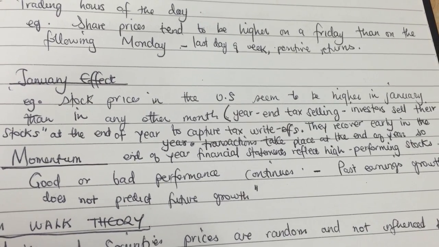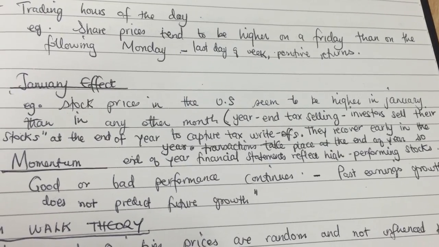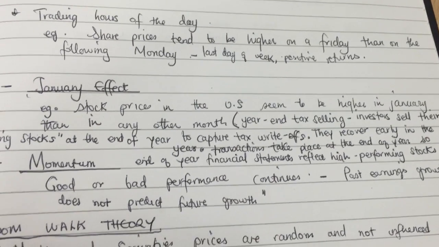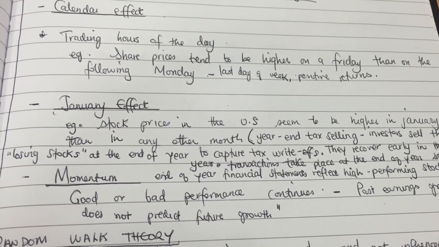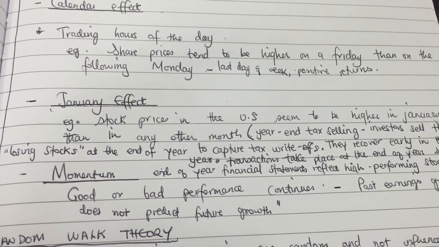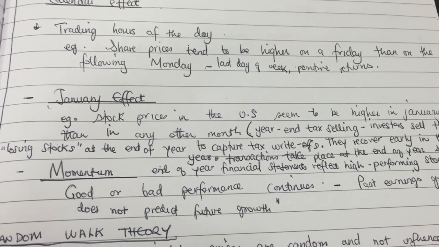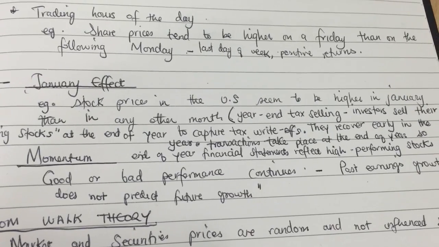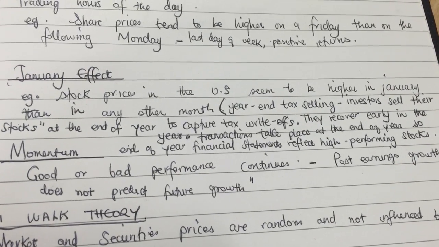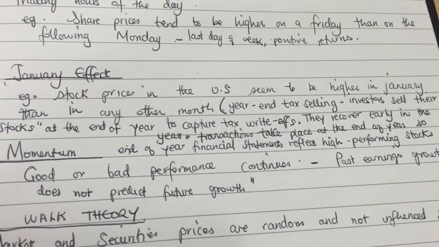And the reason why they would sell in December, and most of the transactions take place at the end of the year, is because they need to release their end of year financial statements. And they want it to reflect to their clients that they have high performing stocks.